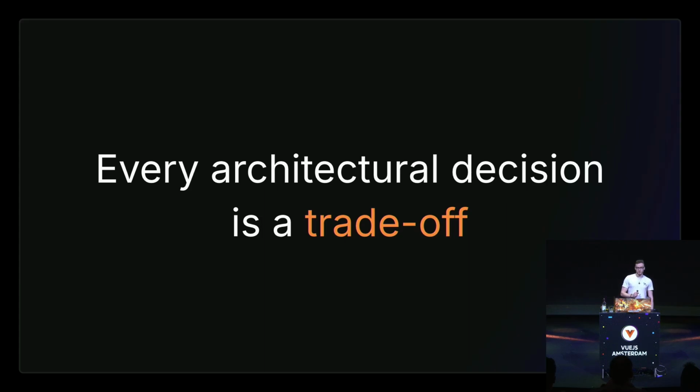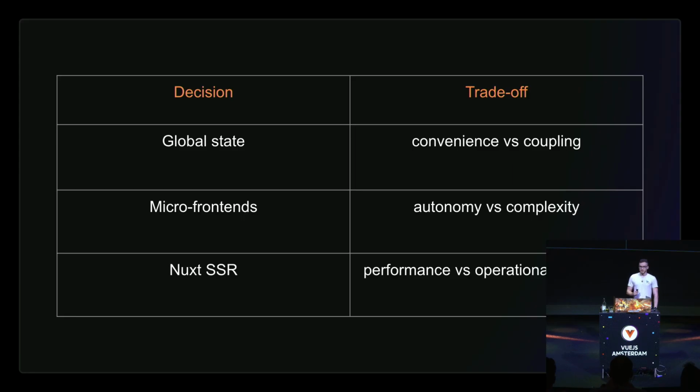So every architectural decision we make is basically a trade-off. If we select a global state, we have to take into consideration the trade-off of convenience versus coupling. Micro frontends, autonomy versus complexity. Nuxt SSR, performance versus operational complexity.